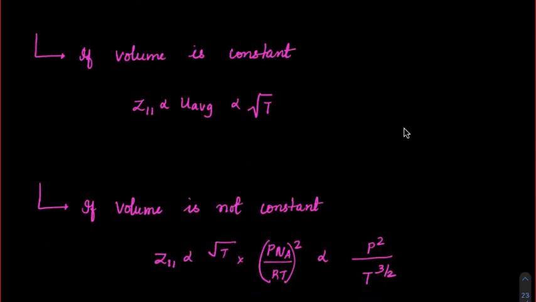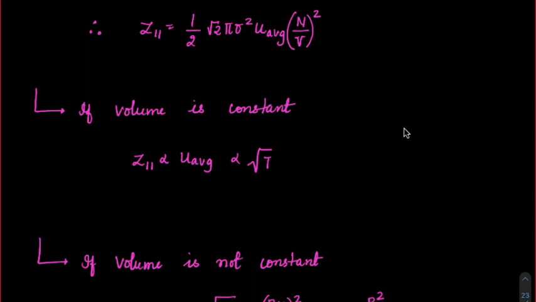If volume is constant, it only depends upon U average, not sigma. U average will only depend upon root T. Obviously, I'm talking about the same gas.